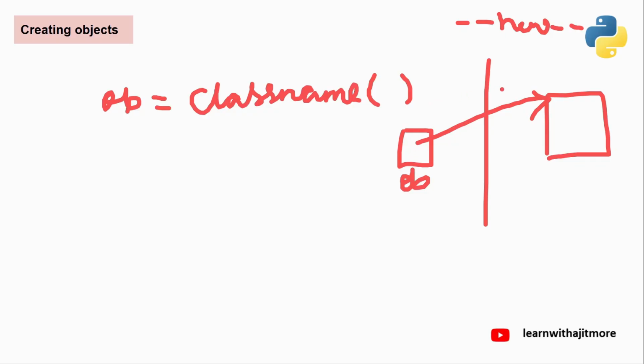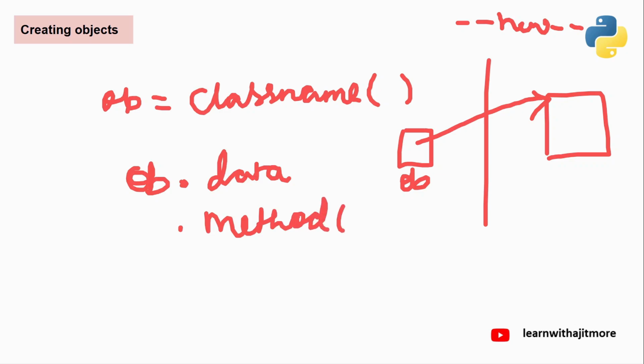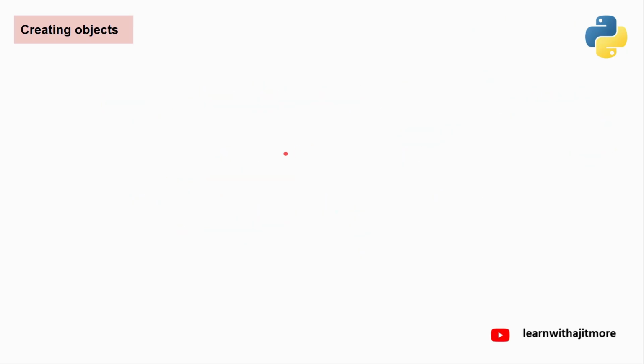So the object variable will hold the reference, and once it gets the reference, it can access the members of it by writing the dot operator, object dot, and then you can access the data, you can access the methods of that object. So how to do it? That also I'll show you.